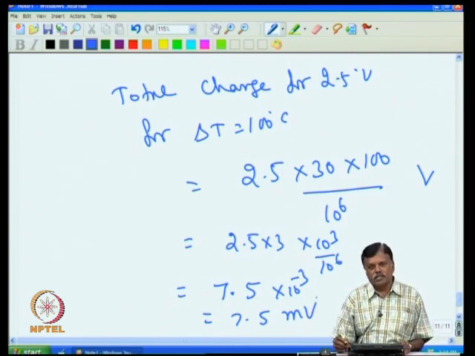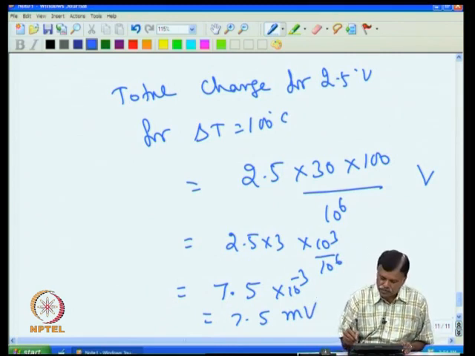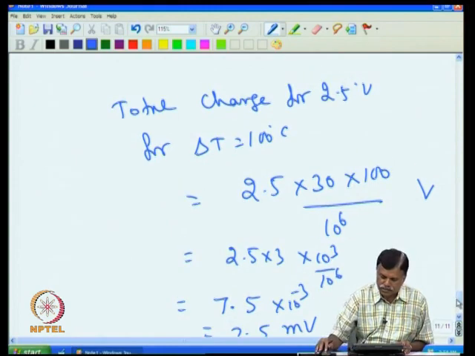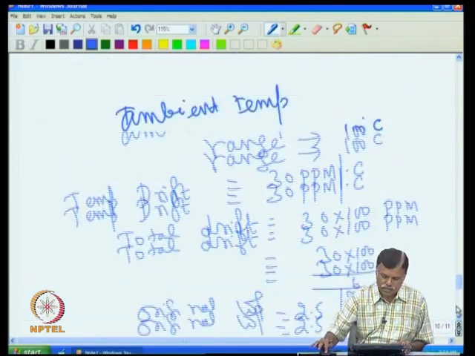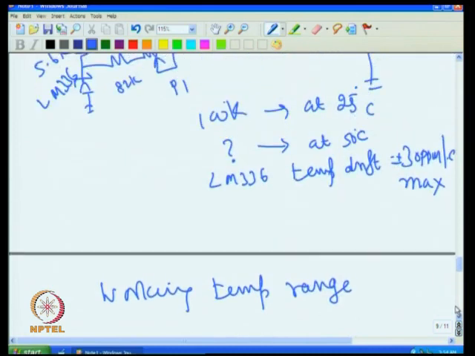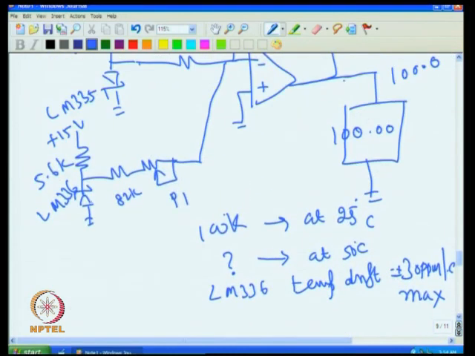That means the Zener temperature will change in this case. When room temperature changes, the voltage at this point will change by 7.5 millivolt.